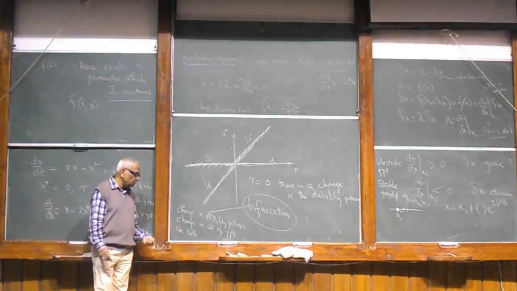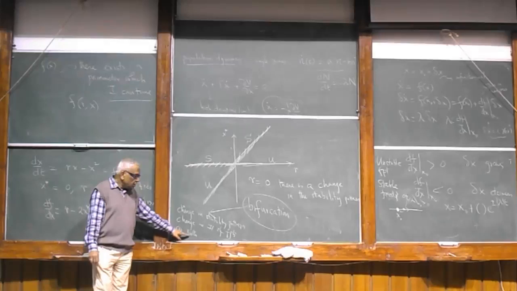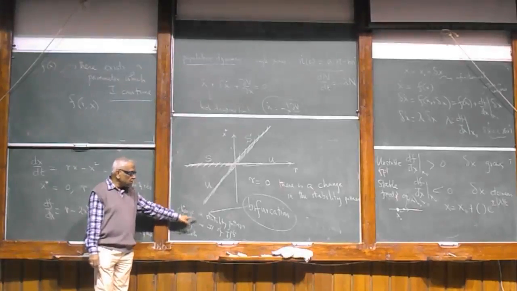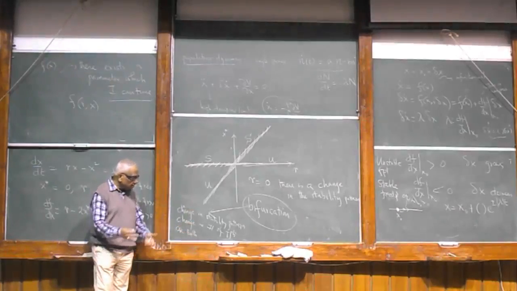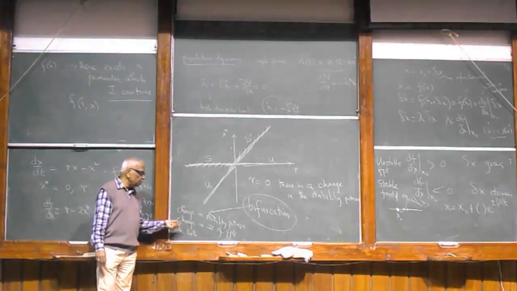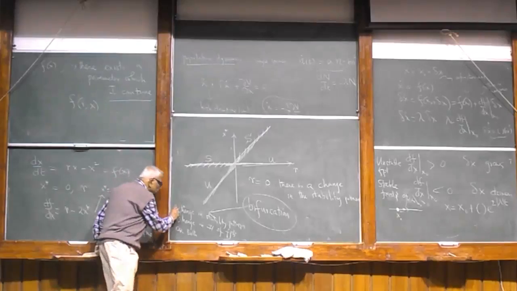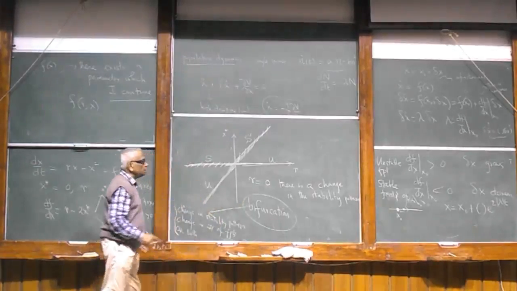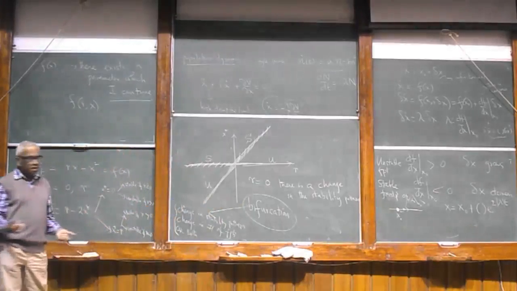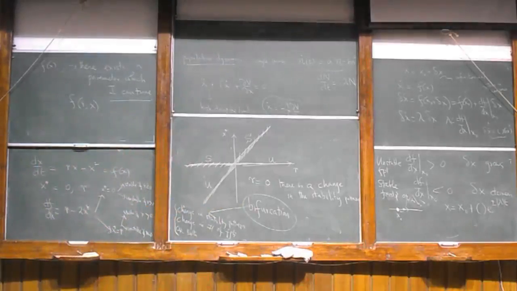Or it could be both. Whenever these things happen, you call that a bifurcation: a change in the number of fixed points, the stability pattern, or both.